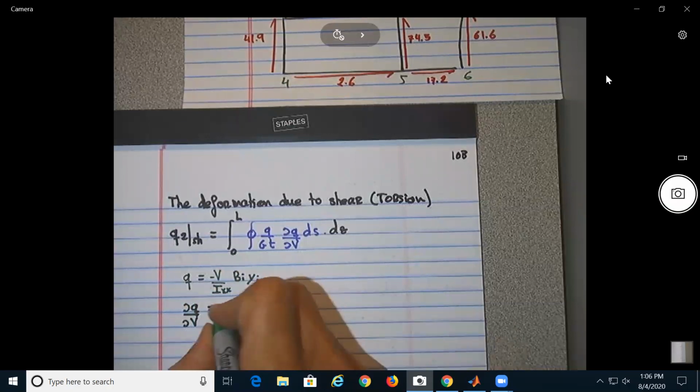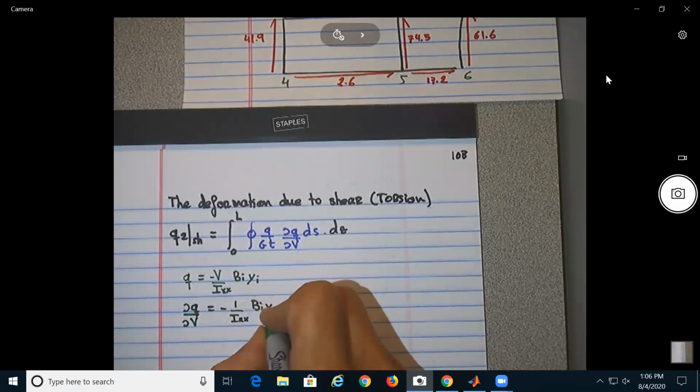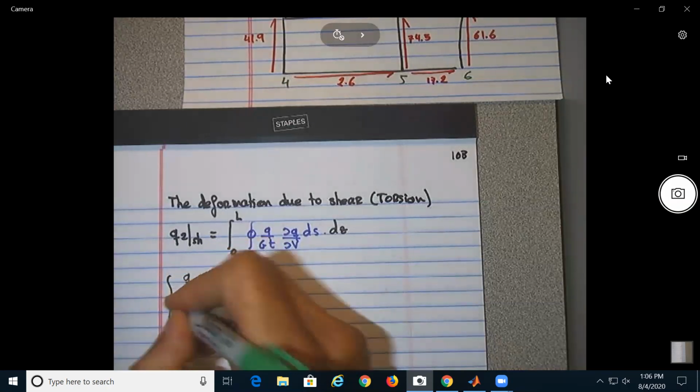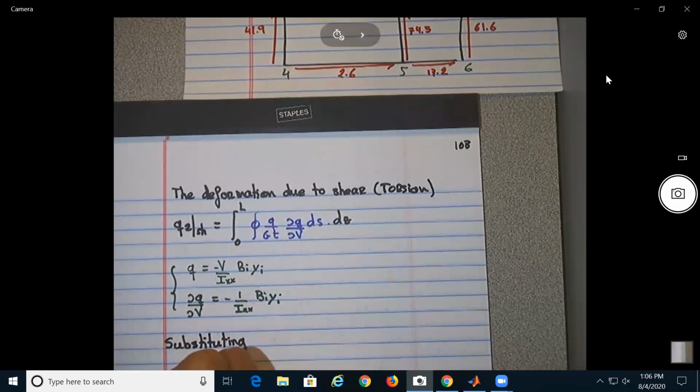It will be equal to minus 1 over Ixx B sub I Y sub I. So if I substitute over here, we have what?